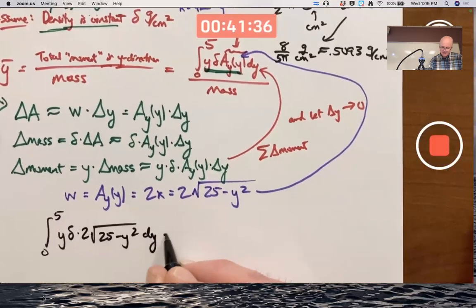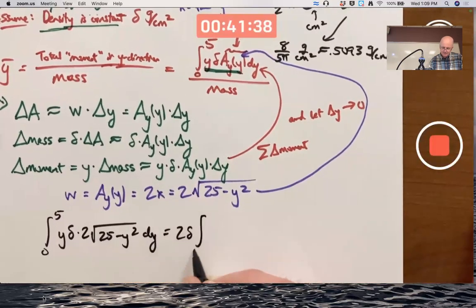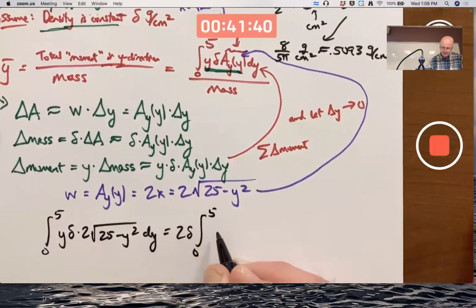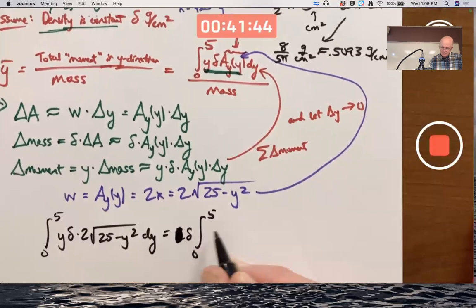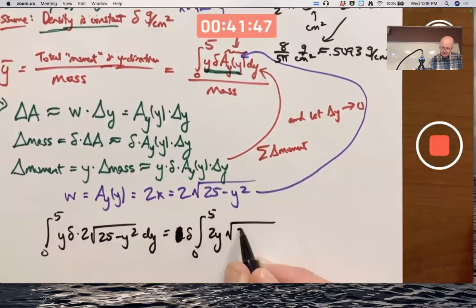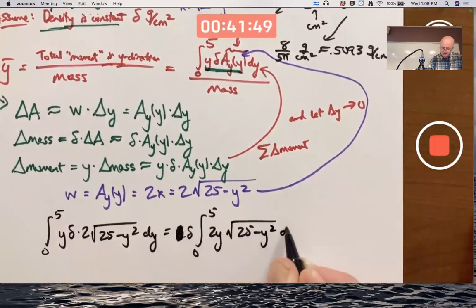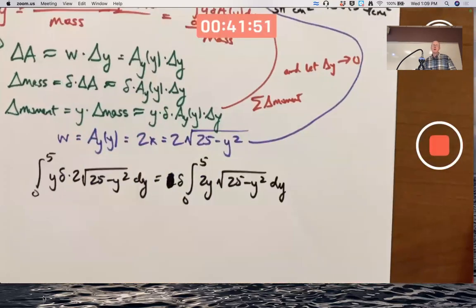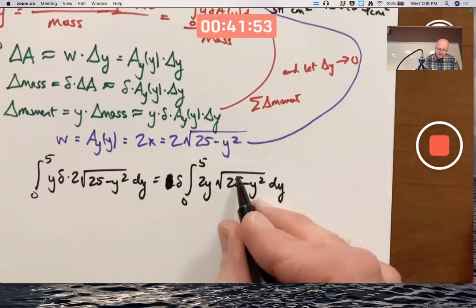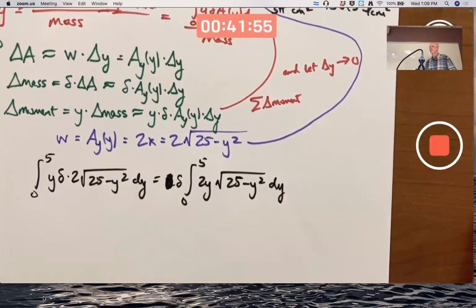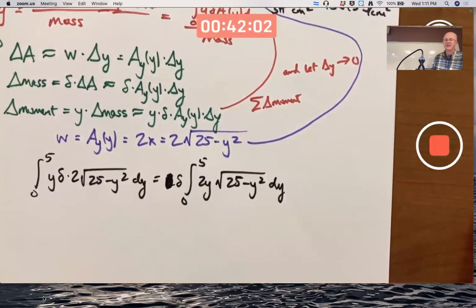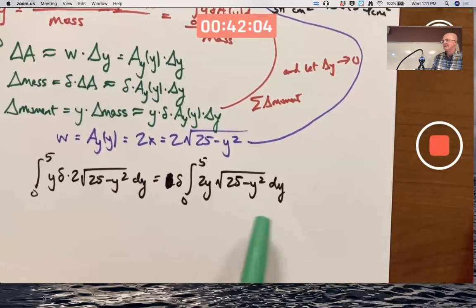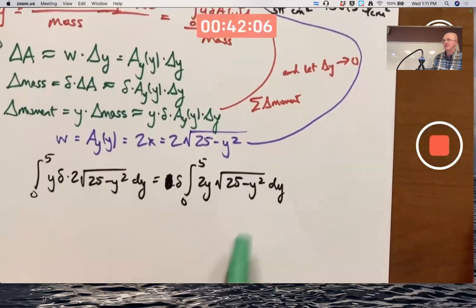That's an easier integral to do than it looks like. Maybe I should have left the 2 in there. You don't have to do a trig substitution here. What could you do instead? It's actually an easy enough integral that, at least if you're good at calculus, good at guessing integrals, you could guess the answer.